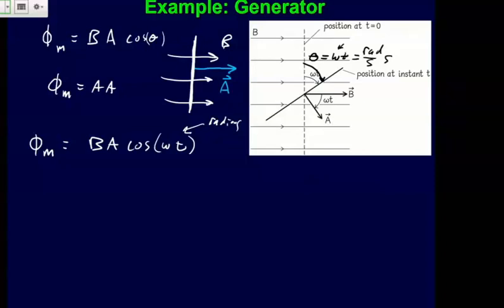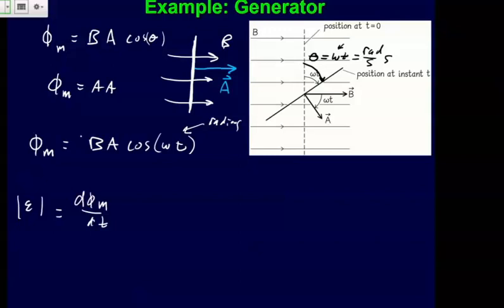Like I said last time, this is something that we typically haven't dealt with too much, so we're going to spend a little more time getting a better working knowledge of that idea. But once you accept that, then by Faraday's law, we can just take the derivative of that flux.